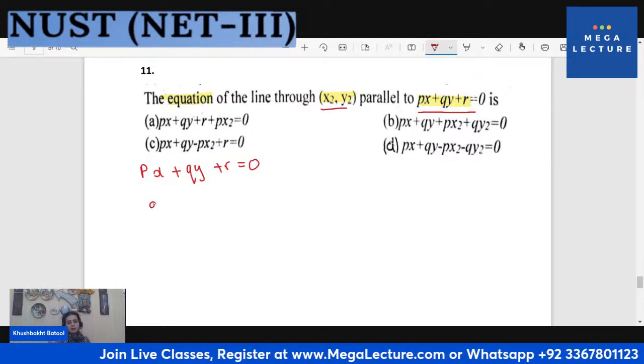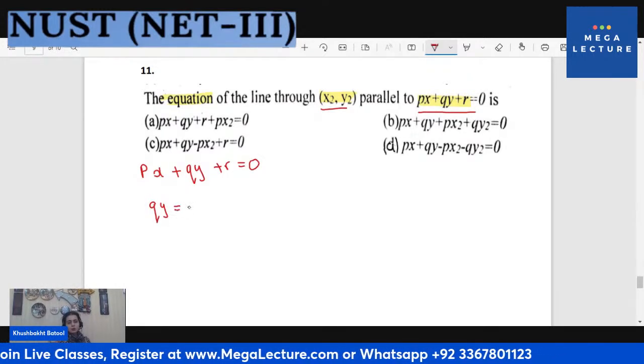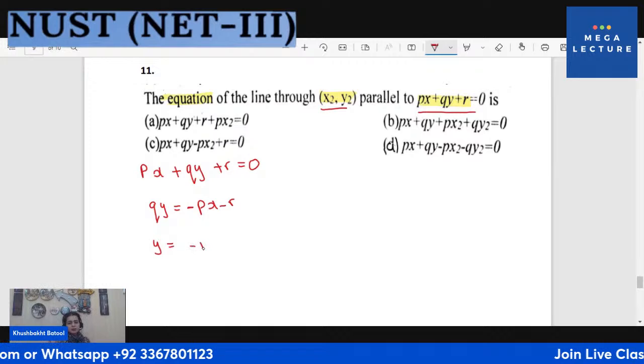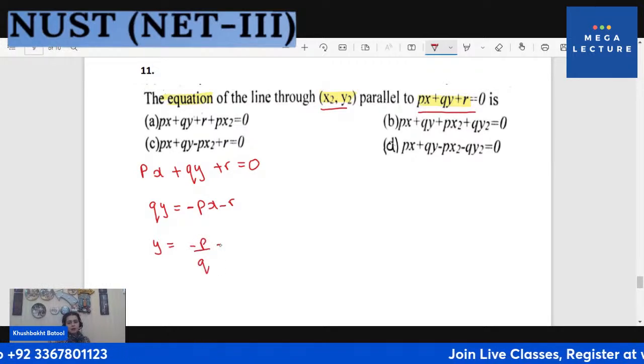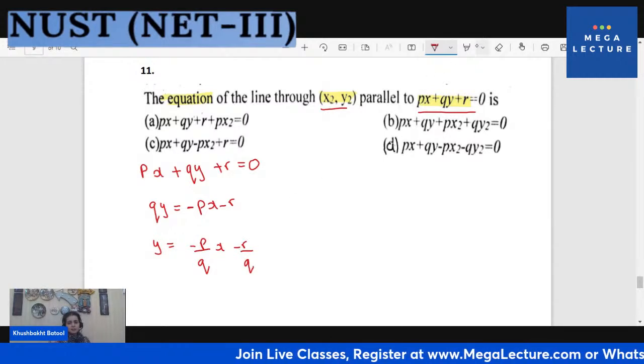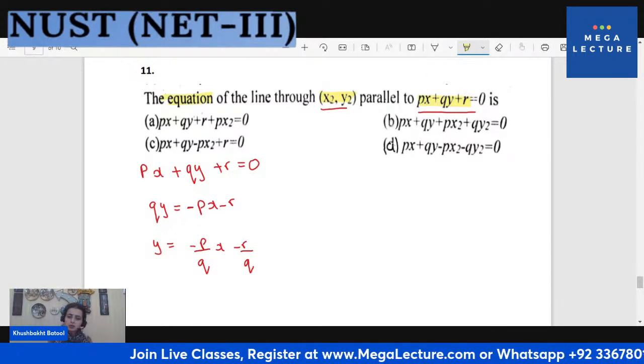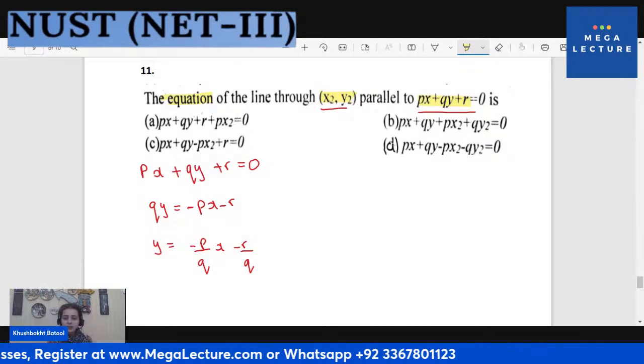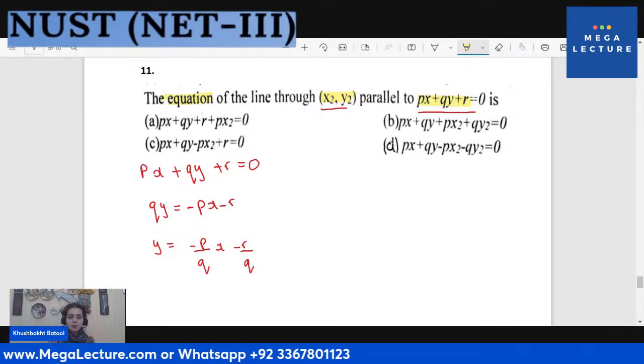I'll make y the subject. So qy is equal to minus px minus r and y is equal to minus p by q x minus r by q. Please be attentive while solving these questions because you won't have time at the end for rechecking. You need to be sure about all these steps, okay?